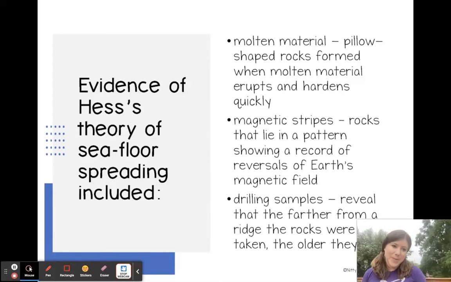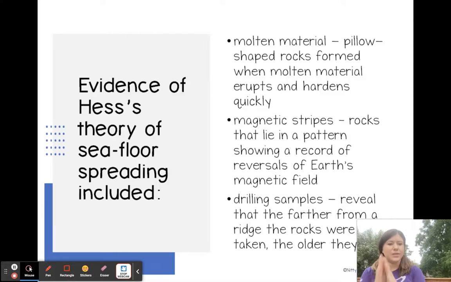When lava cools, it records the orientation of Earth's magnetic field. And every few thousand years, that magnetic field switches. So you can see these stripes that happen when the field is oriented one way, and we're forming rocks that way, and then that magnetic field switches, and at mid-ocean ridges, now the new orientation is being recorded. So it starts to form these stripes outward that are recorded at mid-ocean ridges.